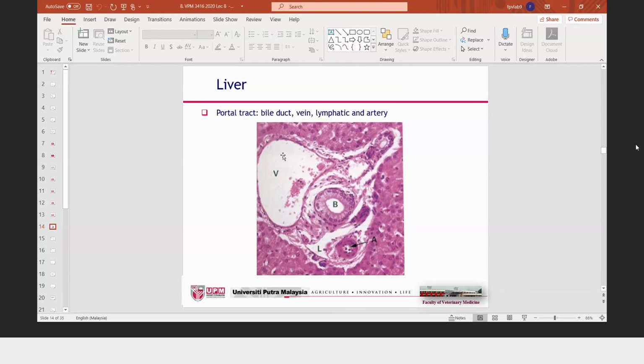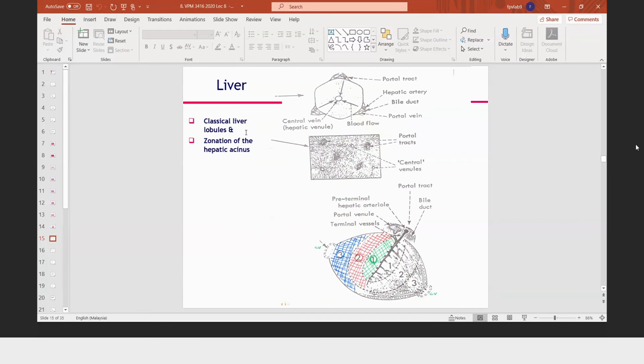And that's why I mentioned here we have classical liver lobules and zonal hepatic acinus. As you see, there's now an illustration. You can see that you have the portal triad, and the portal triad has bile ducts, vein, and artery. And then this is the central vein.